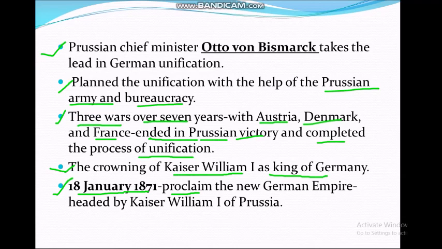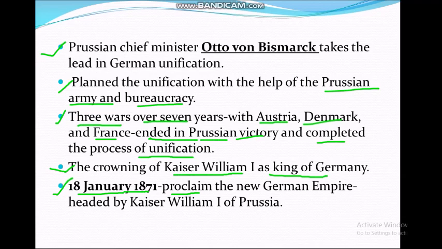On the bitterly cold morning of 18 January 1871, an assembly comprising the princes of the German states, all 39 princes from the 39 states, representatives of the army, because the army played a very crucial role, and important Prussian ministers, because Prussia was dominating, including the chief minister Otto von Bismarck, gathered in the unheated Hall of Mirrors in the palace of Versailles.